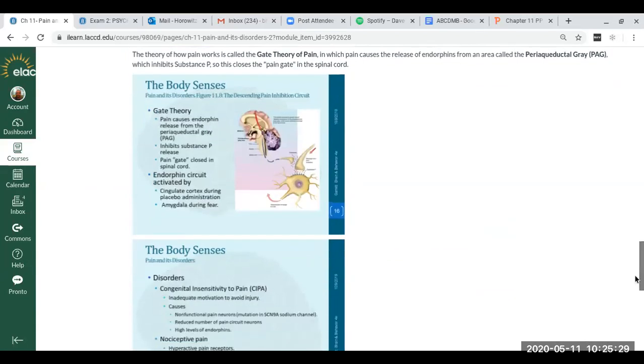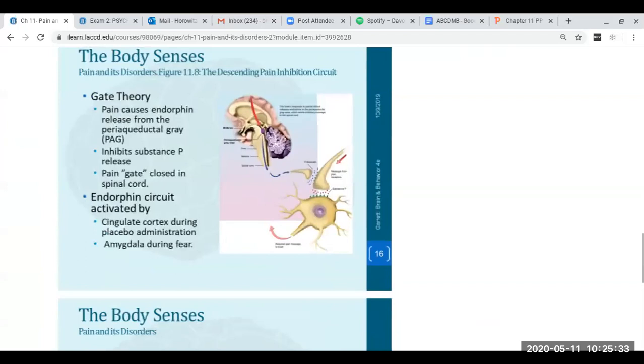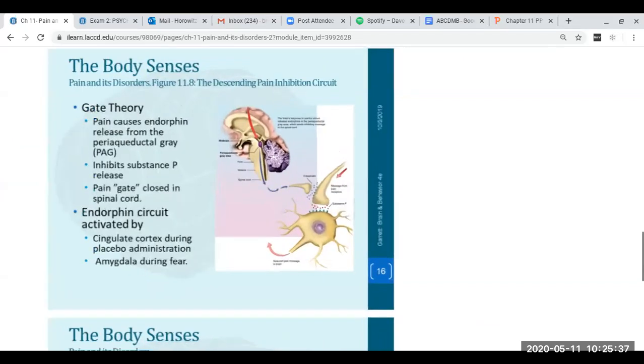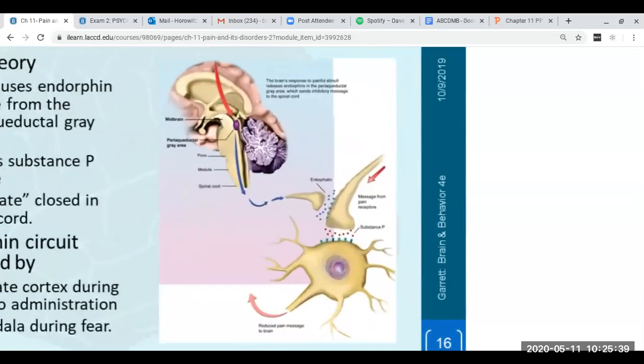Here is the gate theory right here. So I'm going to zoom in a little bit, and you can see here is the picture that is missing from your output. But again, if you go to the lectures down below, I have them written out, and I'm giving them to you via recording. So you can see that here's the midbrain.